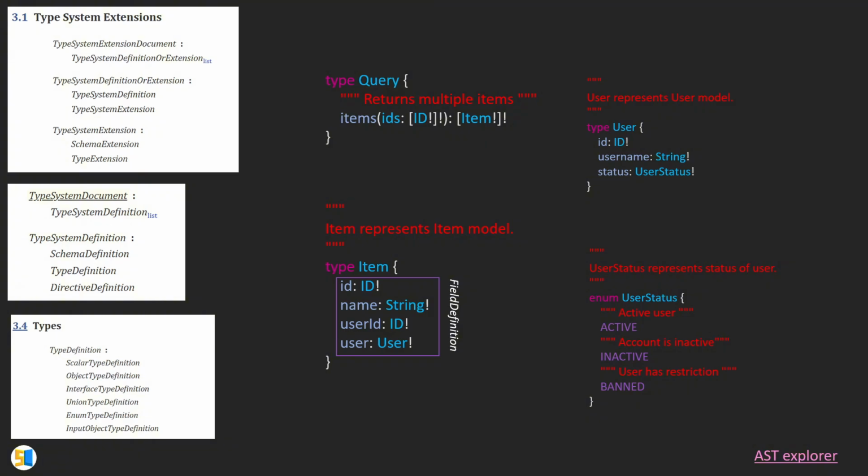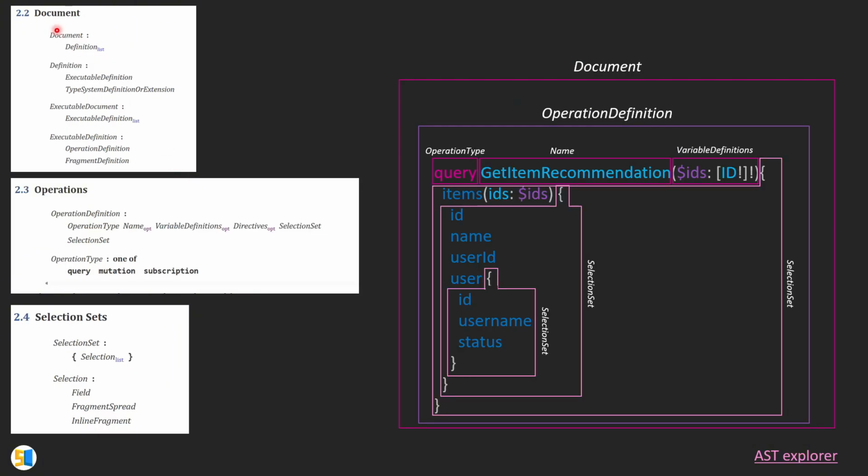On the other hand, we also need to convert the schema that we define into an AST representation. Why? Because after we have those two, we can do validations. So now we have the schema representation on the right. We have the query operations, we have objects, we have types, and we have one enum here. And on the left is the screenshot of the specification about type system extensions. So if you remember, a document can be an executable definition or a type system definition or extensions.